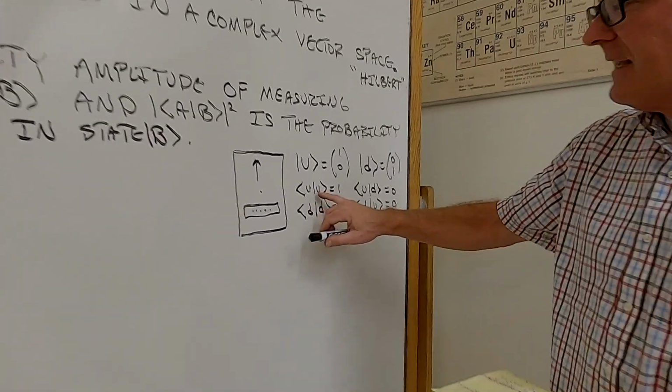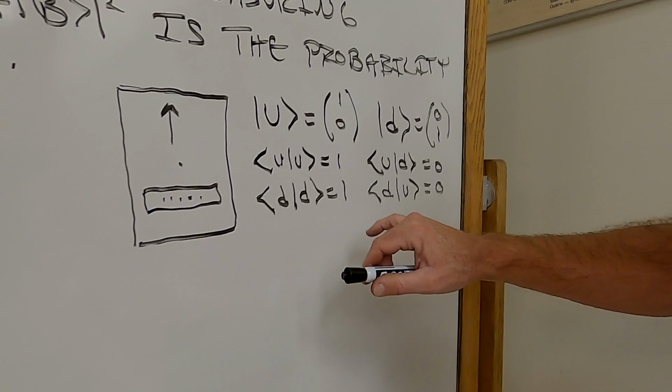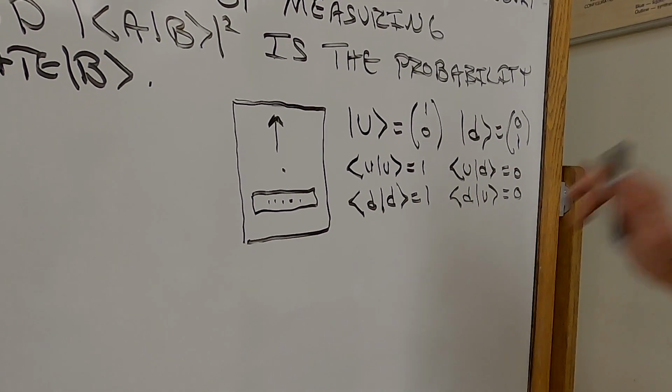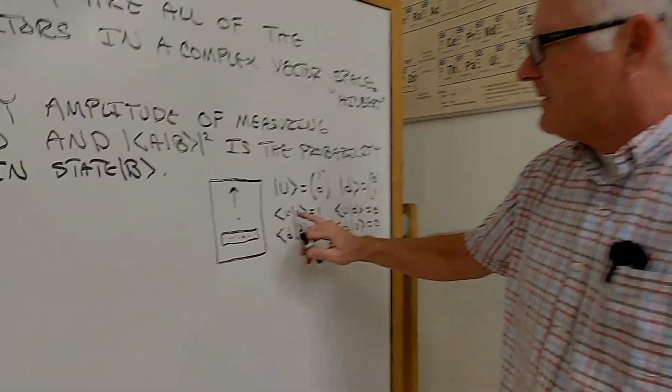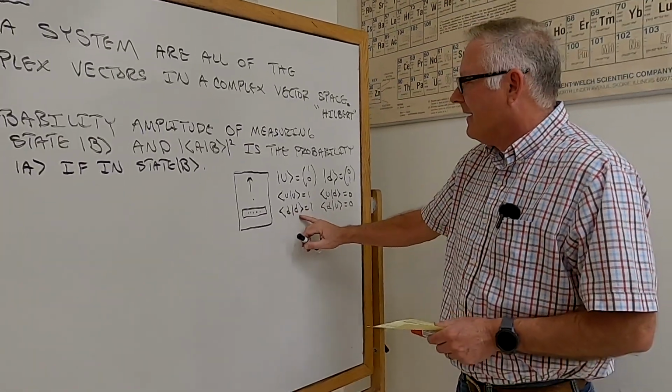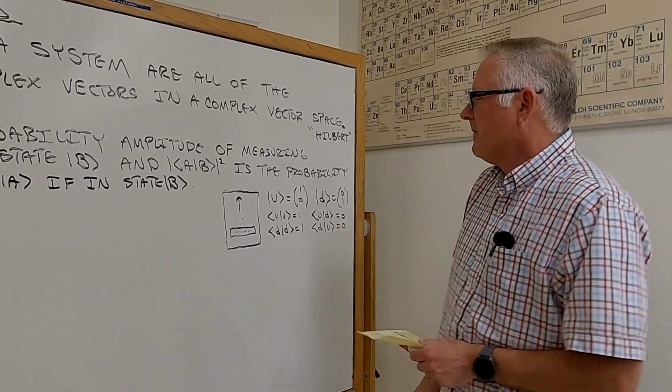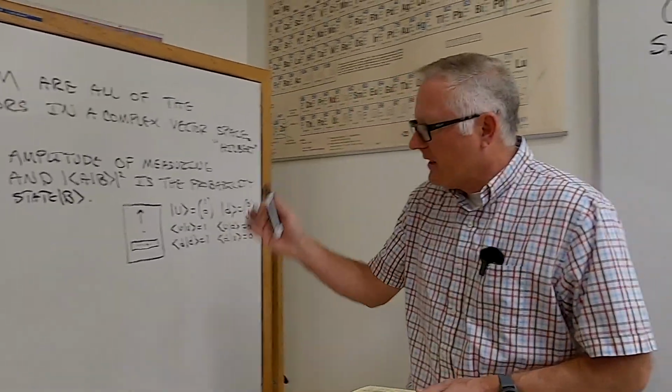Anytime these two are the same, you're always going to get 1. So when you dot them with themselves, you get 1, up-up, down-down. But when you dot it with the other one, you always get 0. Okay, so this was just for the Z basis.